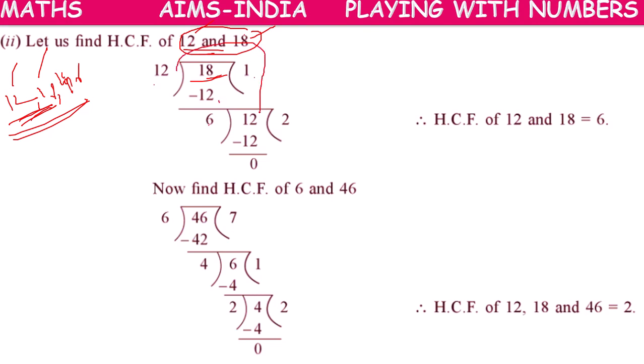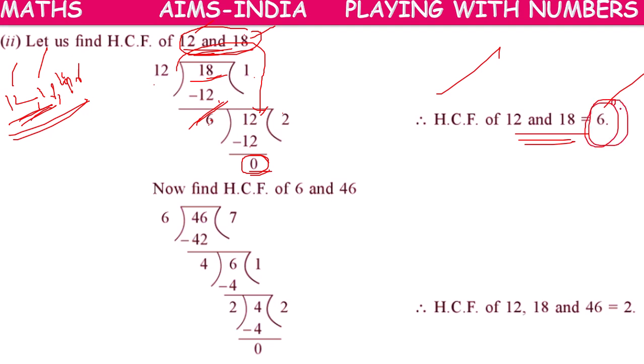Next, the divisor becomes the dividend. 6 times 2 is 12, remainder 0. So for these 2 numbers, 12 and 18, the HCF is 6.